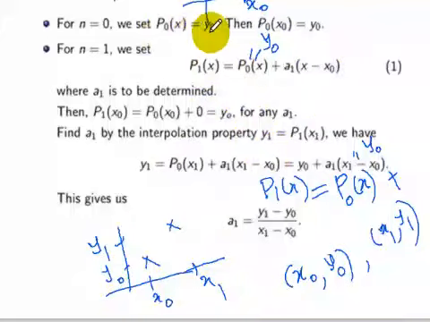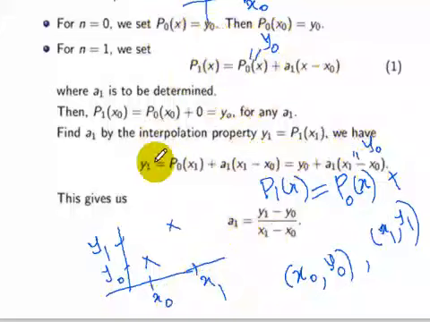This is a constant polynomial. Anyway, we get y0 from here when you throw this number into the polynomial, and from here when you throw this number into the equation. So this is the equation here.